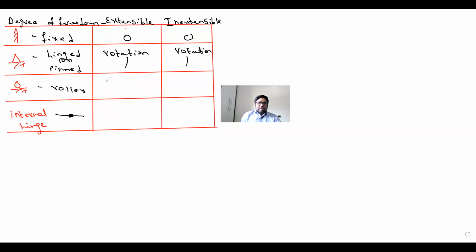Roller for extensible, 2. One is rotation and horizontal deflection. So total 2. Inextensible, we have only 1, that is rotation.